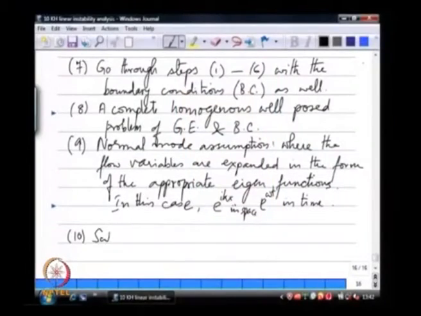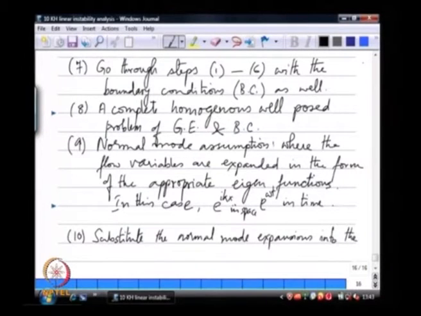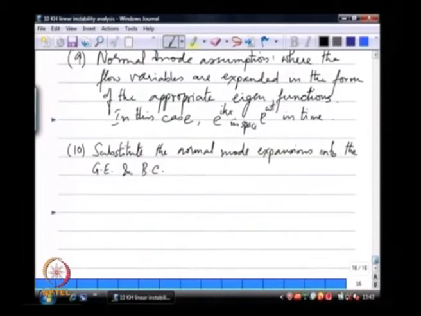By the time you complete step 9, you can substitute these into them, and this gives a set of ordinary differential equations in y.